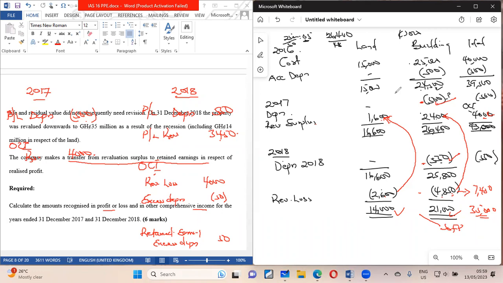No, it's the depreciation for every year. The useful life is 50. So you find depreciation for every year. That means every year you bring the 500, so long as they've not revalued it. You have to find depreciation for every year.